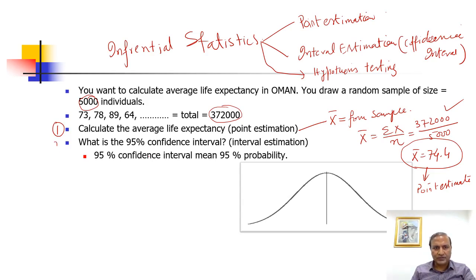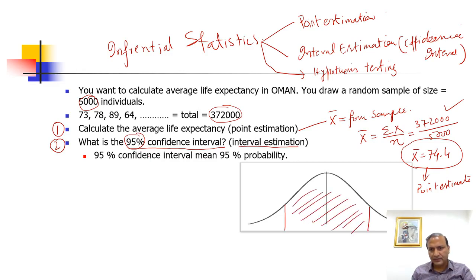Now the next question is, what is the 95% confidence interval, or interval estimation? We have to find the 95% confidence interval. What is the meaning of this? The meaning is that we have to make 95% probability, and we want to find what is the x value here and what is the x value here.